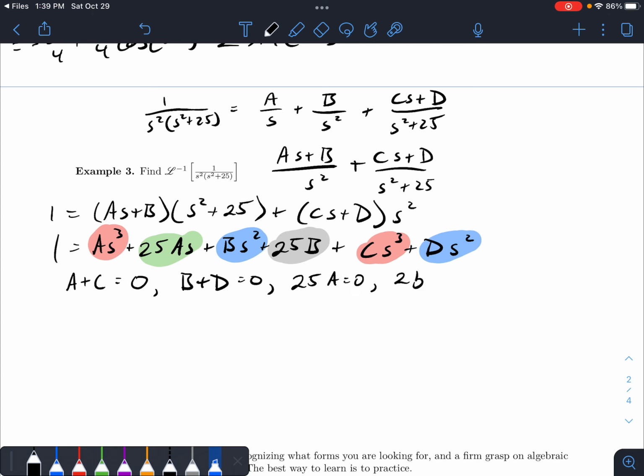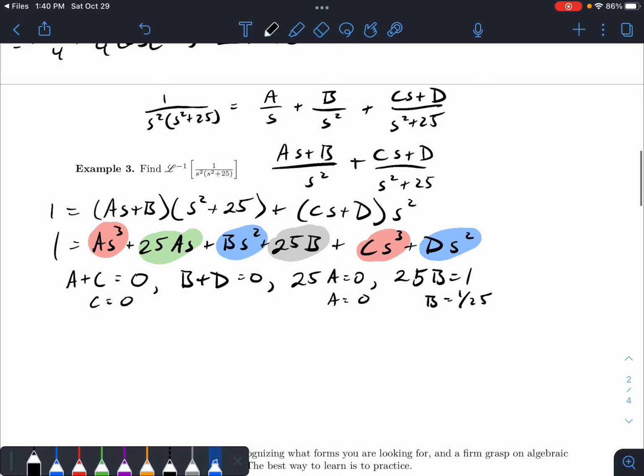I could say that 25a is equal to 0, and then 25b is equal to 1. So b is 1/25. A is 0. This would tell us that, plugging a equals 0 into here, that c is 0. And this tells us that d is equal to negative b, which would be negative 1/25. So now we have our a, b, c, and d.